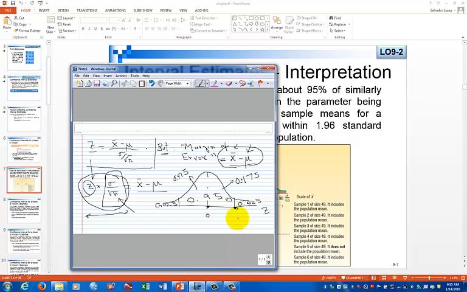And if you go to the table and look for an area of 0.475, then that corresponds to a z-value of 1.96. And of course, by symmetry, this value here is minus 1.96.